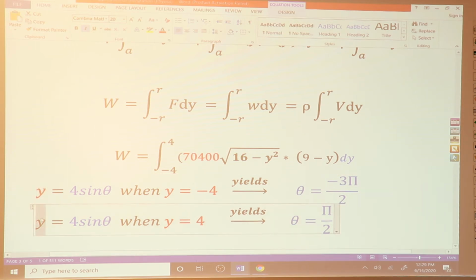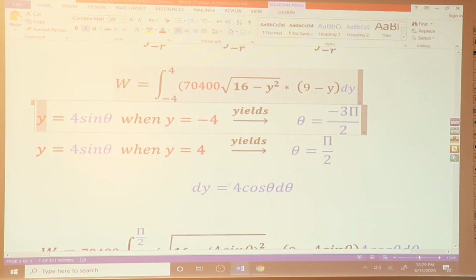Now change the limits. When y equals negative 4, 4 divided by negative 4, sine theta equals negative 1, that yields theta equals negative pi over 2. When y equals 4, sine theta equals 1, which happens when theta equals pi over 2.